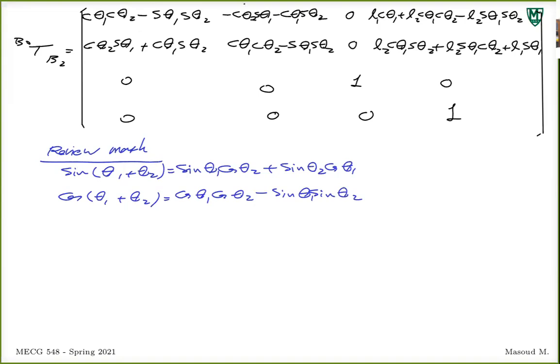If you use this, for instance, this one, sine theta 1 cosine theta 2, sine theta 2 cosine theta 1. Let's go up there. Have to move things around a little bit. So the first one becomes, if I write this using that, let me write the matrix here.